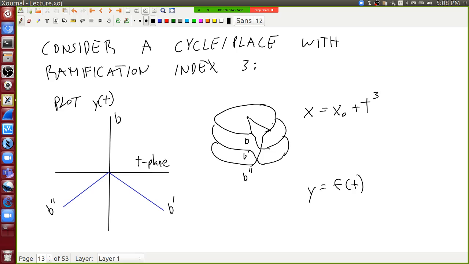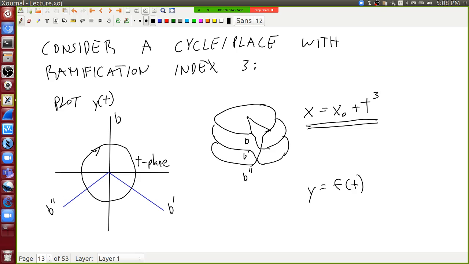Actually, the individual cycles are analytic. In this case, I have a t-plane, just an auxiliary variable t, and I define x as whatever my x coordinate is plus t cubed. So as I go in a circle around the t-plane, in the x-plane, I cycle around 3 times. And then I can just plot my y values on my t-plane.